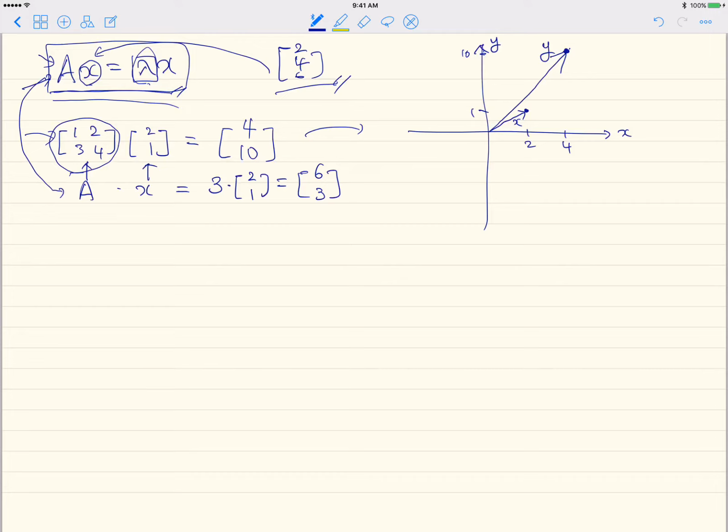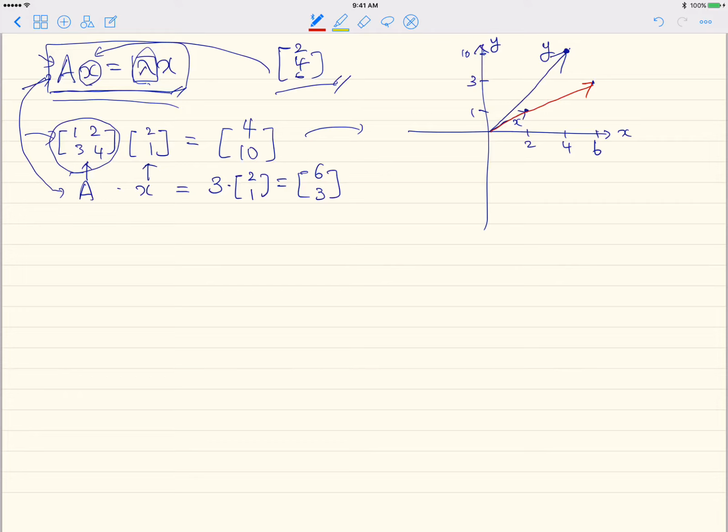So 6 times 3 is 6 times 3. So the resulting vector is this guy, right?